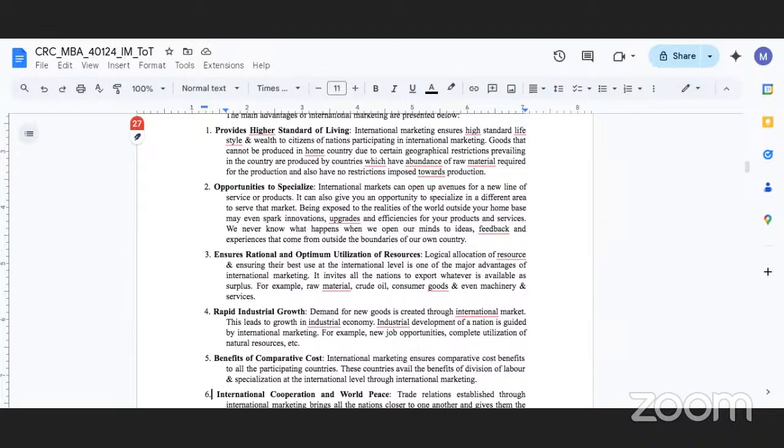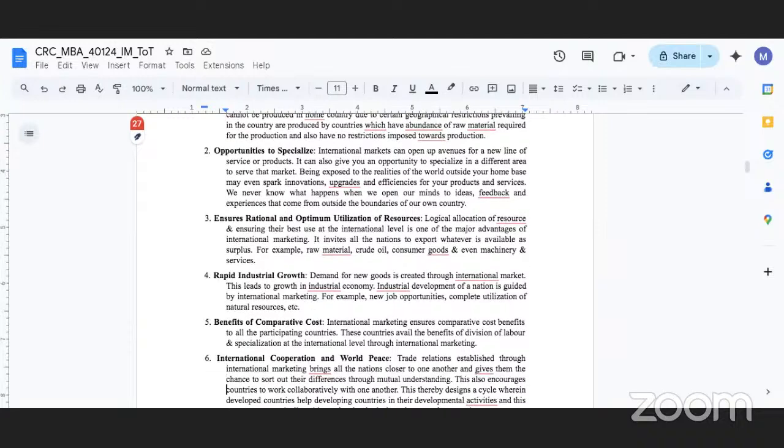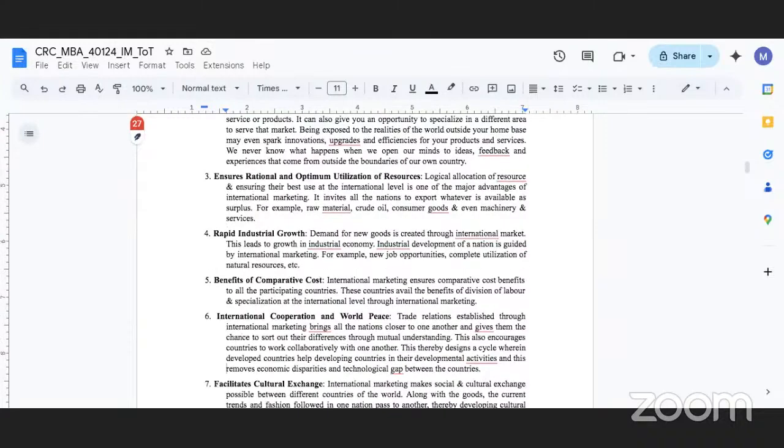It could be in terms of raw material, consumer goods, or even machinery and services. The next one is rapid industrial growth. The minute there is a demand for new growth in the international market, it leads to a growth in the industrial economy. There are new job opportunities. There is a complete utilization of natural resources, etc.